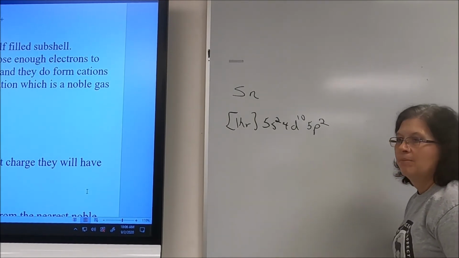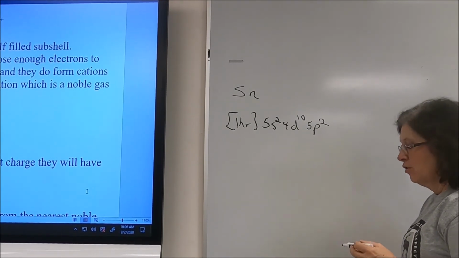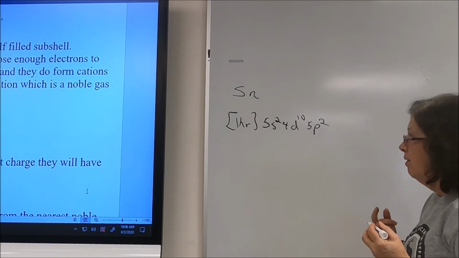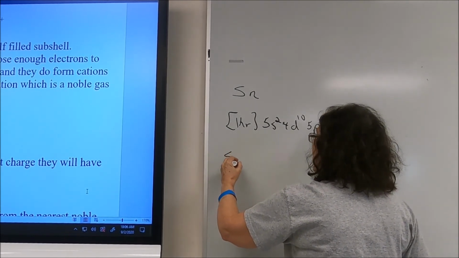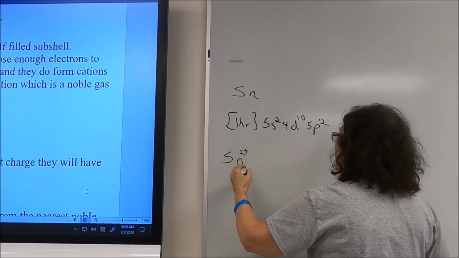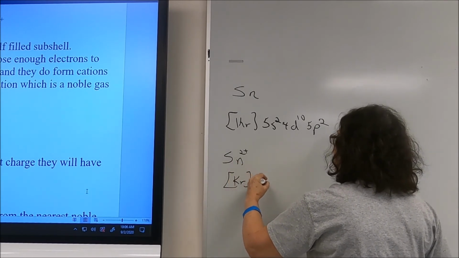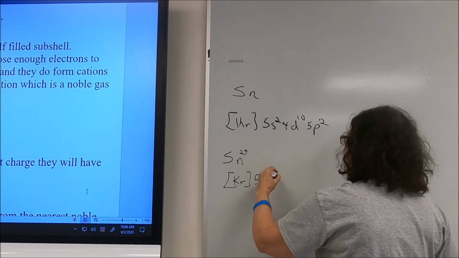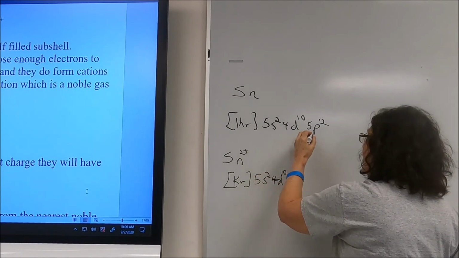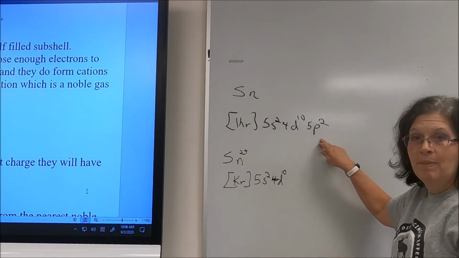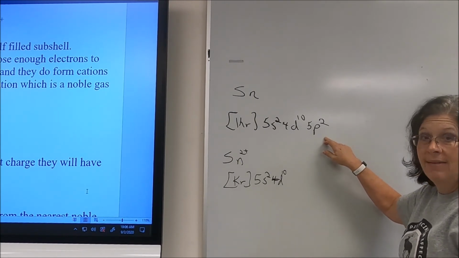Okay? Now, we always lose electrons in our outermost shell first. Tin can form a tin 2+ ion, krypton, 5s2, 4d10, and the 5p2 have been lost. We emptied out the p subshell.